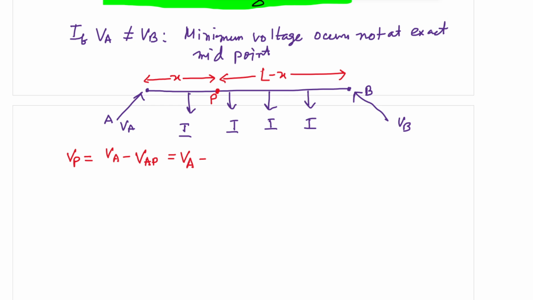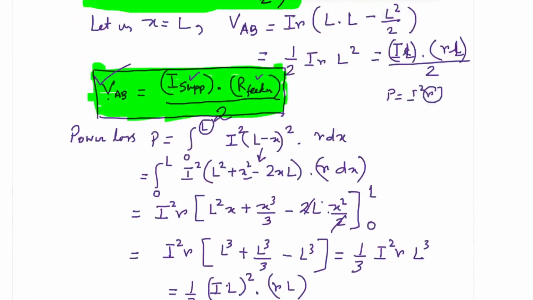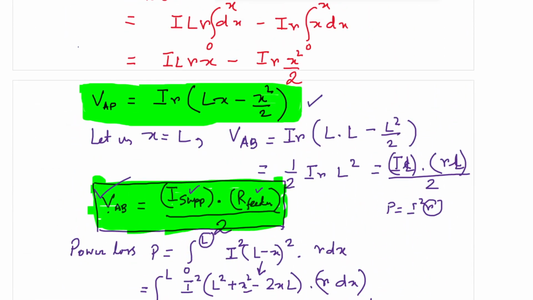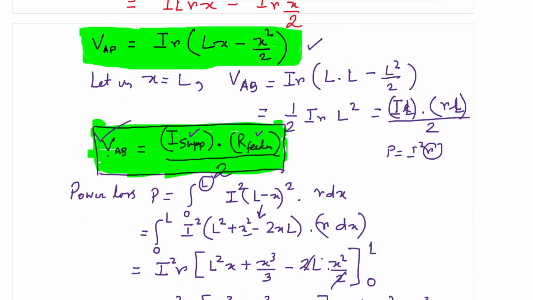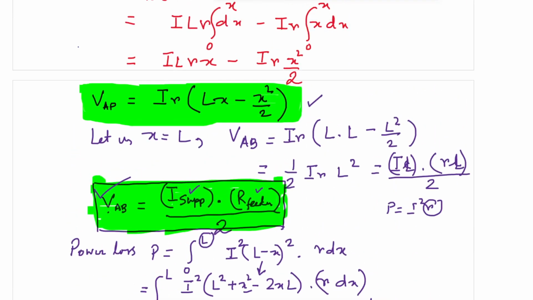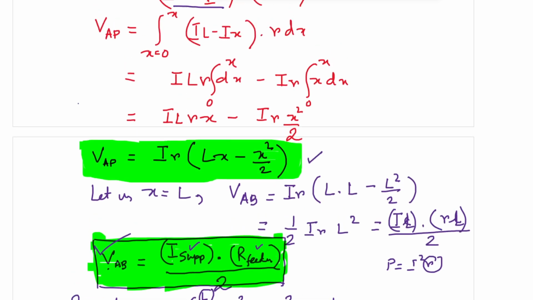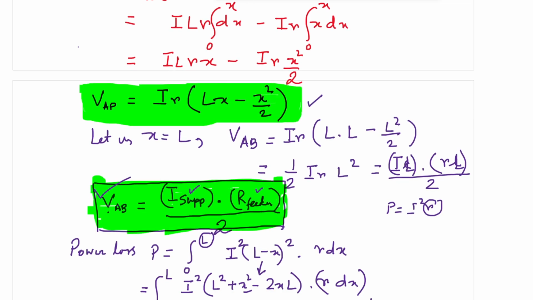VAP is nothing but I into R into x square by 2. From where is this expression coming? It is exactly this expression.